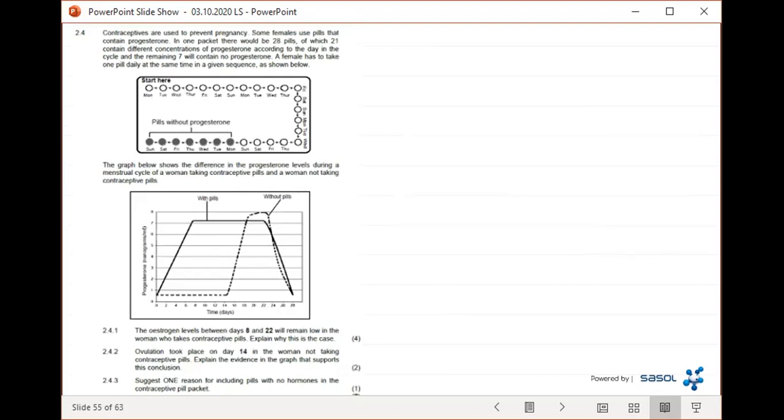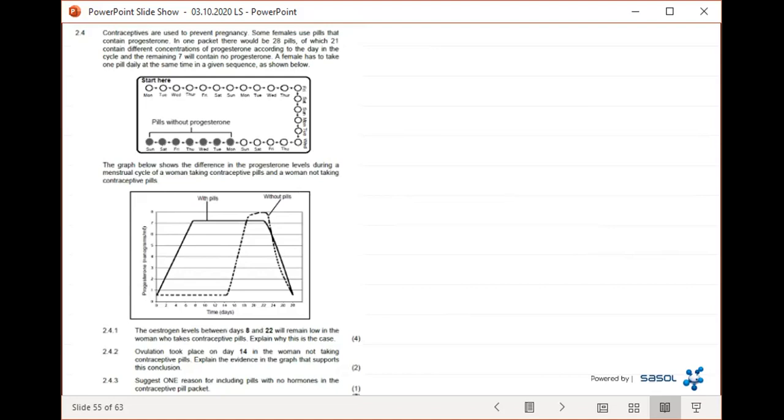So a female has to take one pill daily at the same time in a given sequence as shown below. Then the graph below shows the difference in progesterone levels during a menstrual cycle of a woman taking contraceptive pills and a woman not taking contraceptive pills.